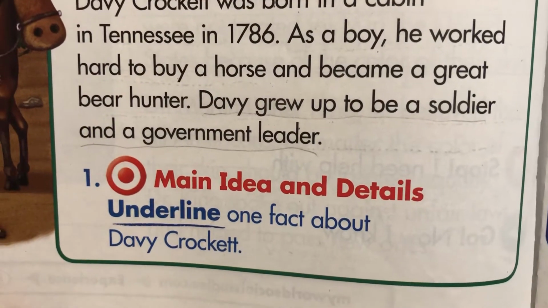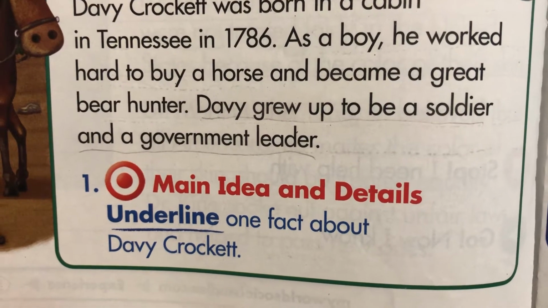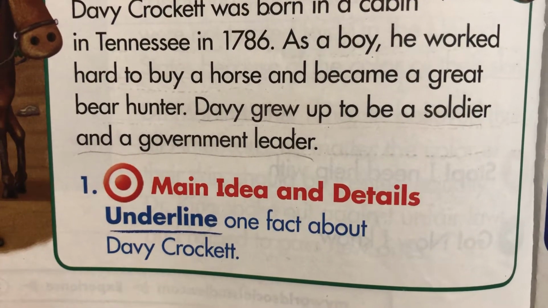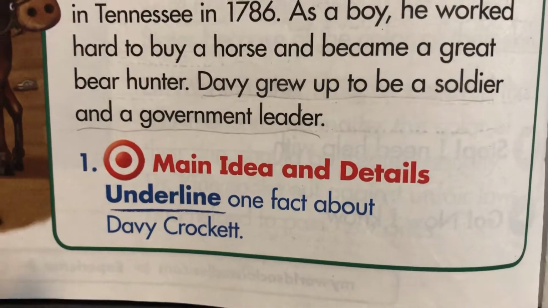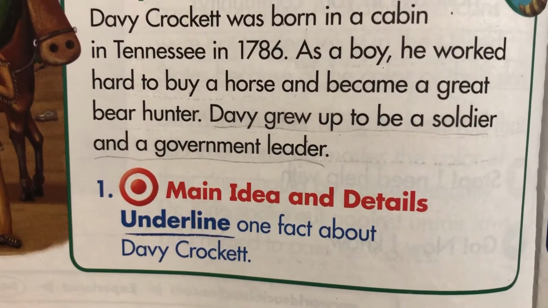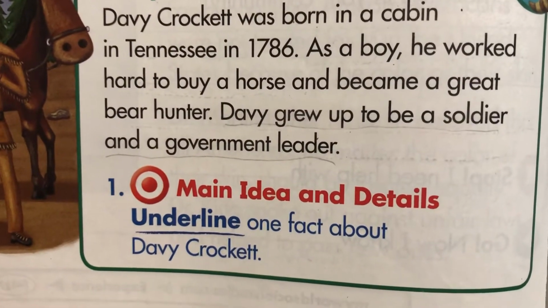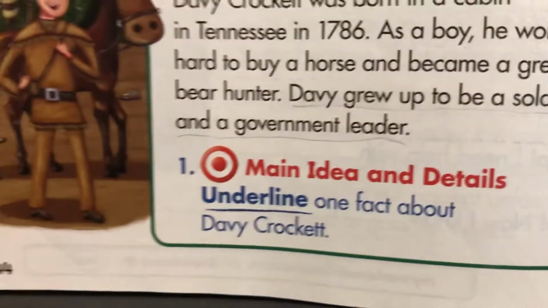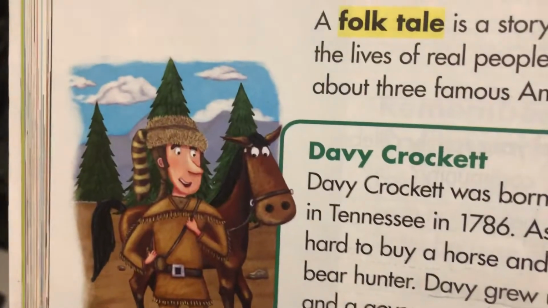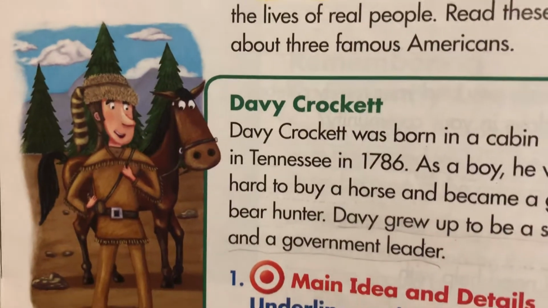So also, you're going to make a picture for number 1, and also for number 1, please do this. It says, underline 1 fact about Davy Crockett. Here you can see a student, this is from an old book, so I'm not going to say if that's the correct answer. But you need to just give 1 fact about Davy Crockett. Or you can list 1 thing that it says about him, that's fine.